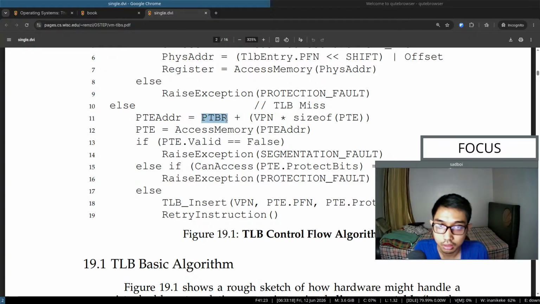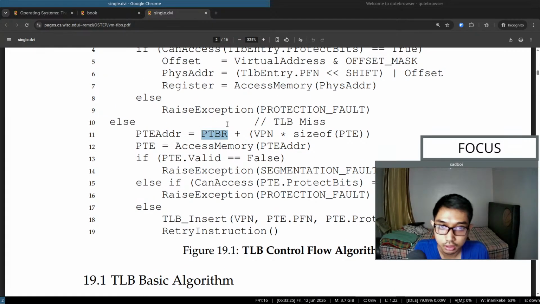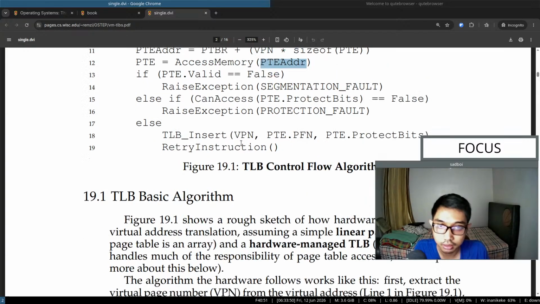Okay, I assume this is some kind of base address, and then we add the virtual page number multiplied by the page table entry size to get the page table entry address, and then access this page table entry address.